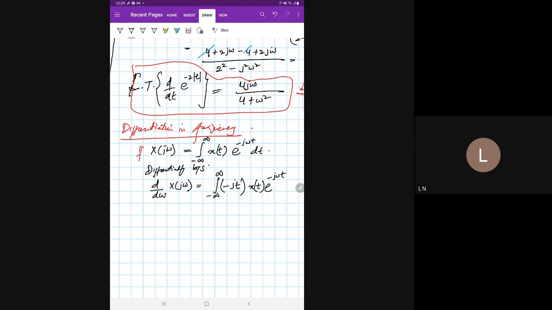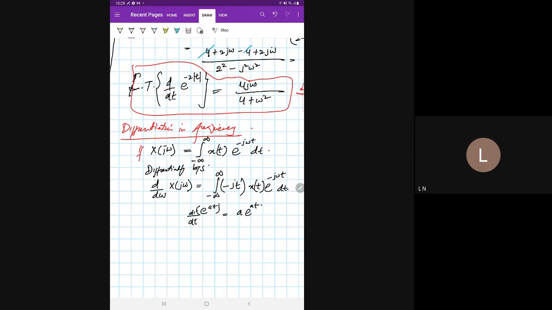So the differentiation of e raised to power at will be equal to a into e raised to power at. I'll write it down here: d by dt of e raised to power at is equal to a e raised to power at. So we'll now have dt here.